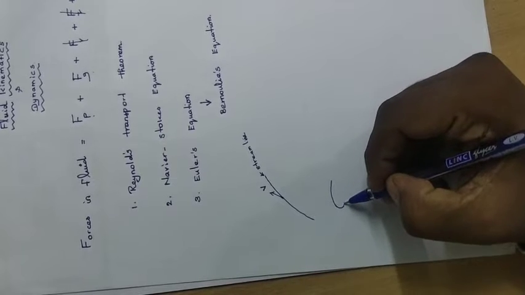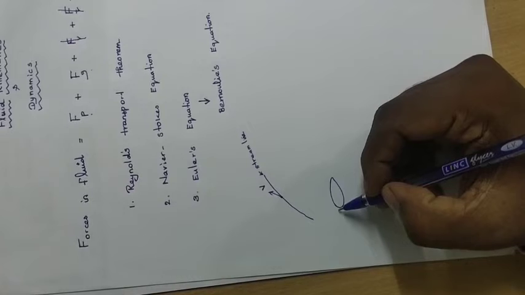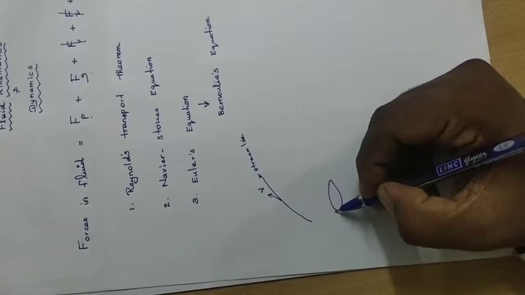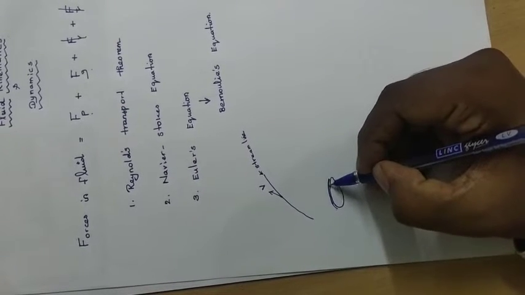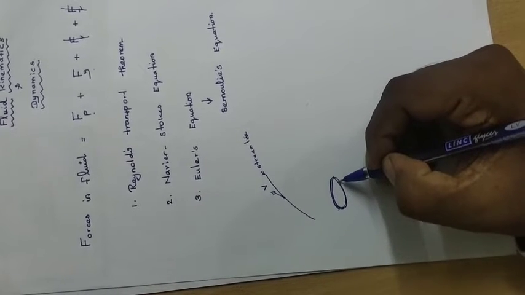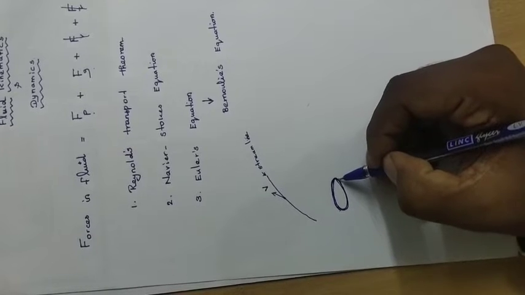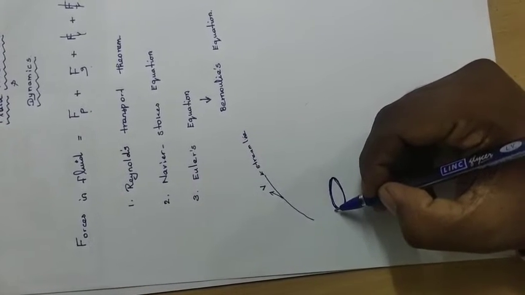And one more thing, if a fluid flows over a solid body, when it interacts with this solid body, you may have some resistance, restrictions, right? That is nothing but shear resistance.